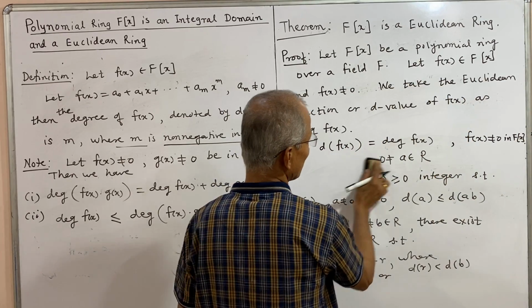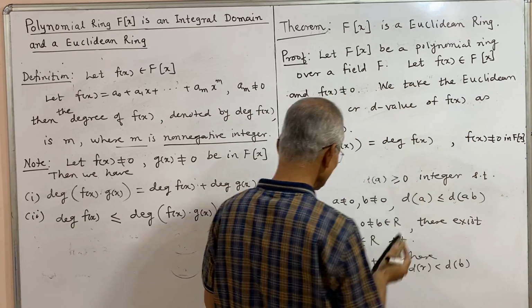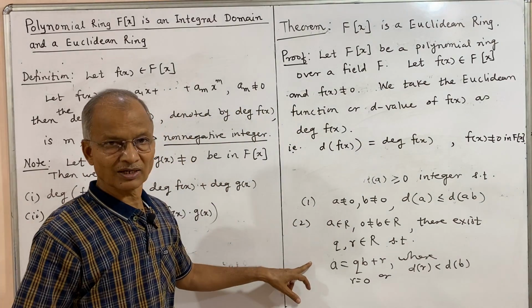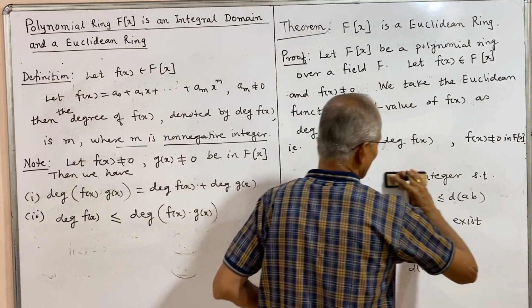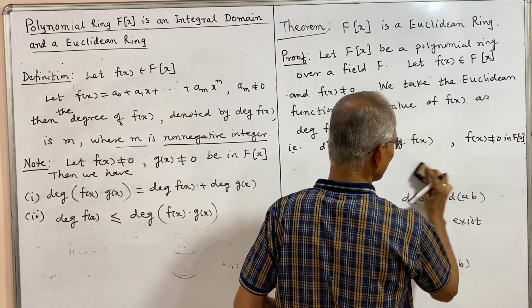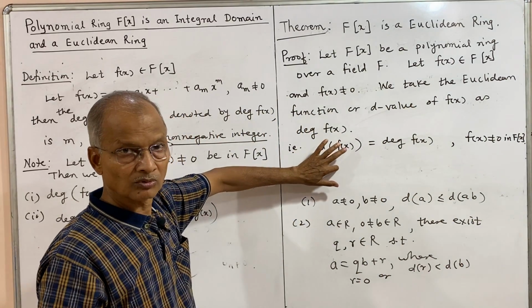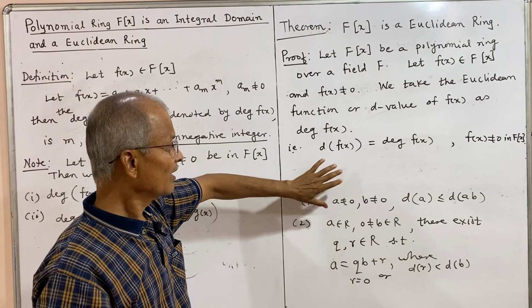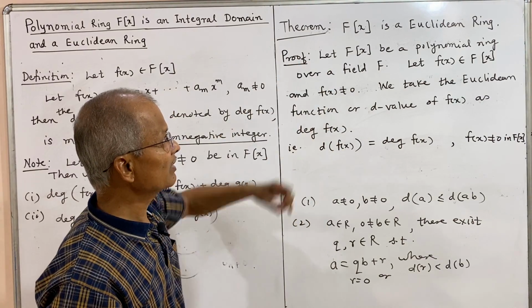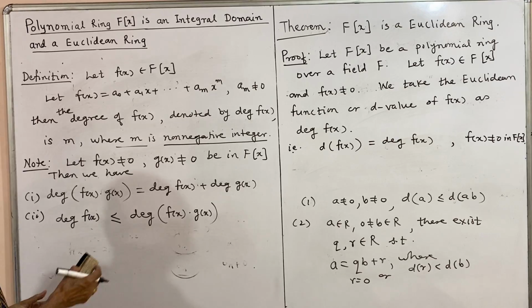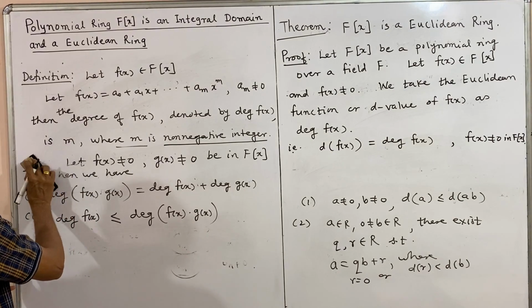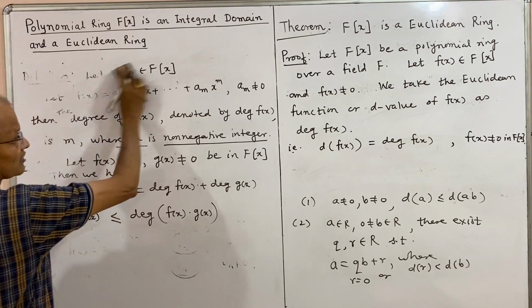So this is our d function. Now this d function satisfies these two conditions that we shall show. This is the definition of Euclidean ring, and according to this we require to prove the conditions are satisfied by the polynomials in the polynomial ring.